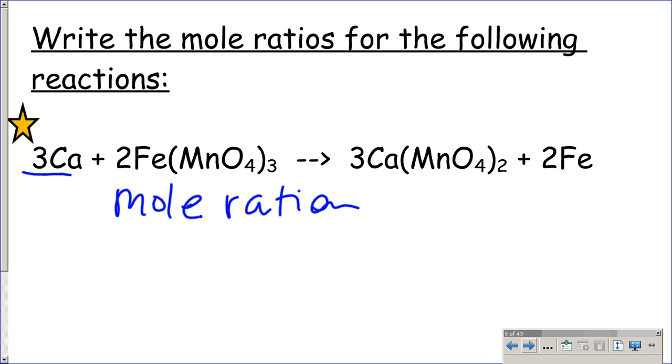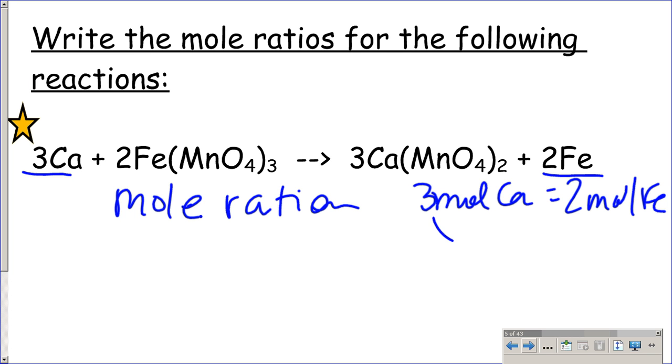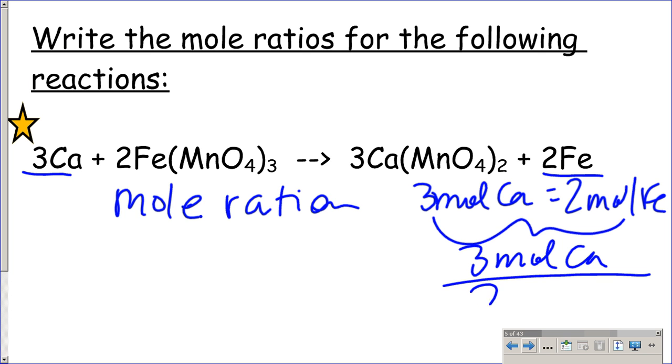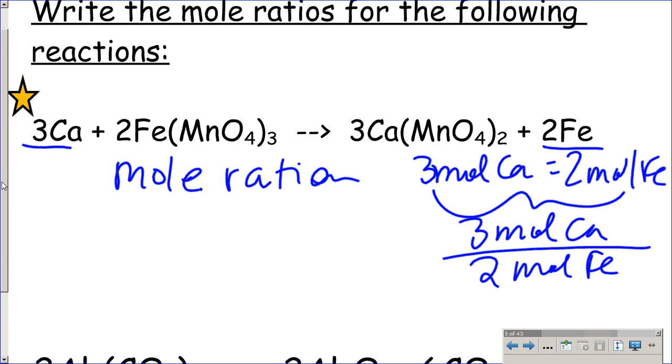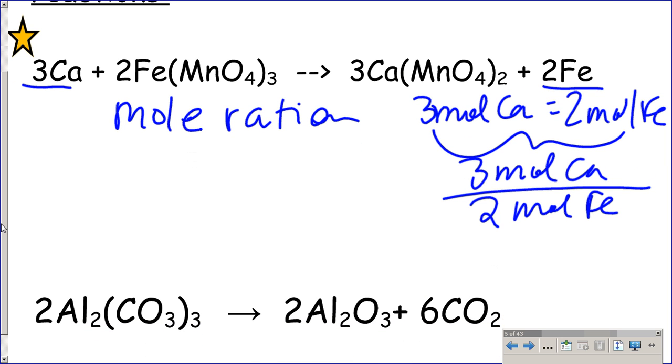You're just saying from calcium to iron, the ratio is what the coefficients are. 3 moles of calcium equal, and this is just saying for this recipe, these are considered equivalent to one another, 2 moles of iron. So you could then write that a little bit more like a conversion factor: 3 moles of calcium over 2 moles of iron. It's literally taking the coefficient and applying it to a fraction.